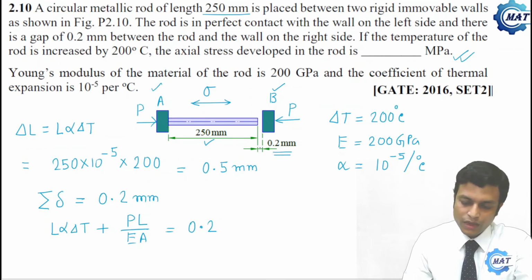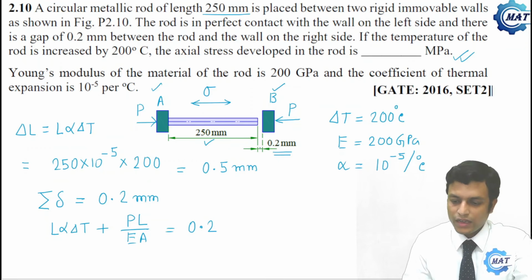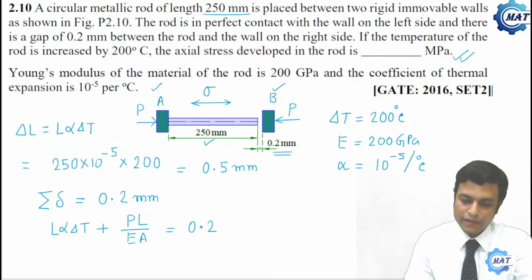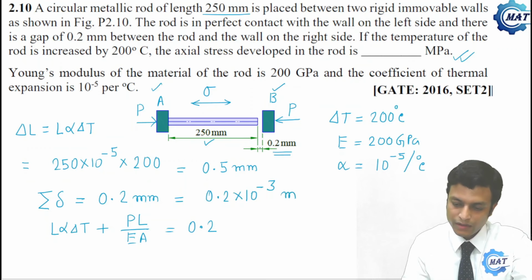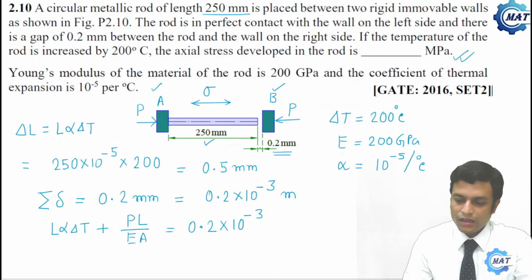So here we have to take care of units first. As they are in SI units, we can convert it into SI units. So 0.2 mm is 0.2 into 10 to the power minus 3 meter. We'll convert all units to meter, otherwise there may be an error due to units.